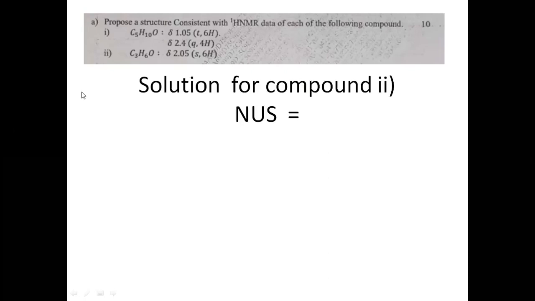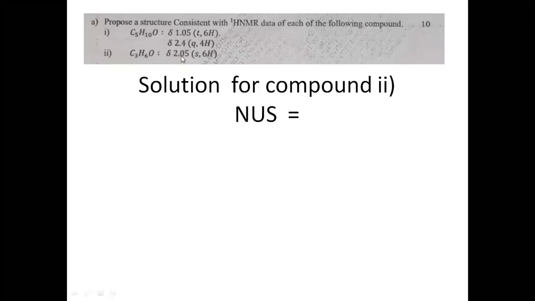One is correct here. You see, 3 plus 1, 4, minus 6 upon 2, 3. So 4 minus 3 is equal to 1.